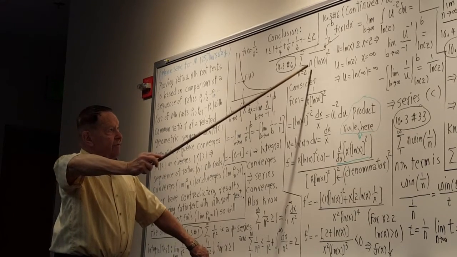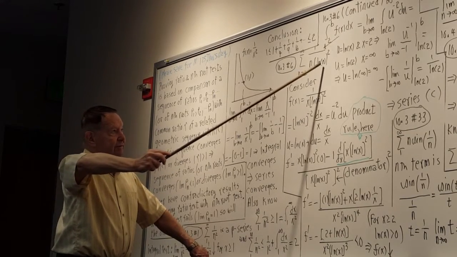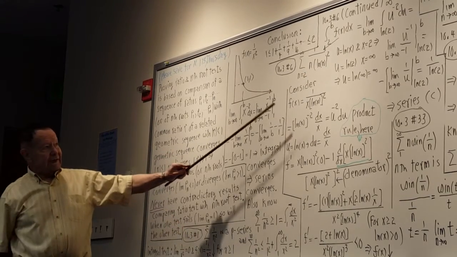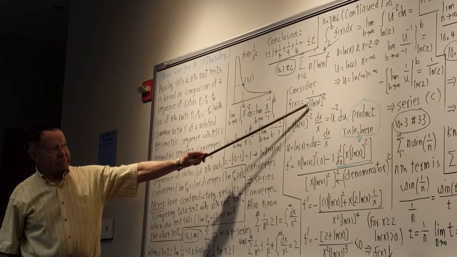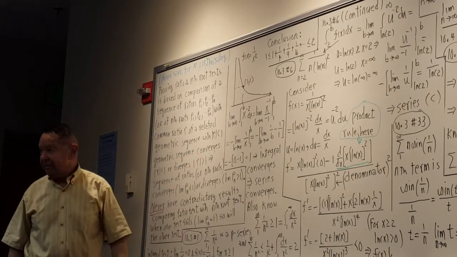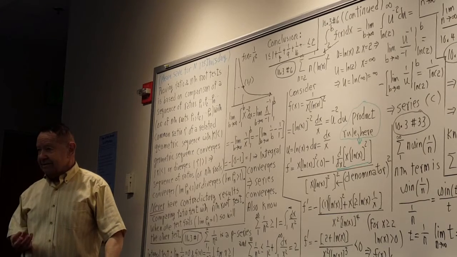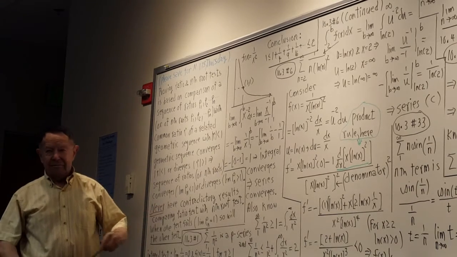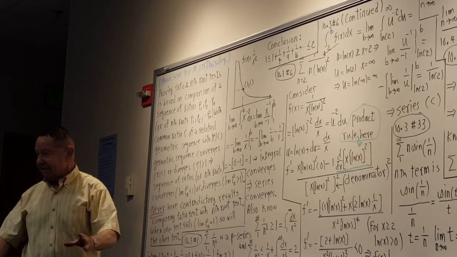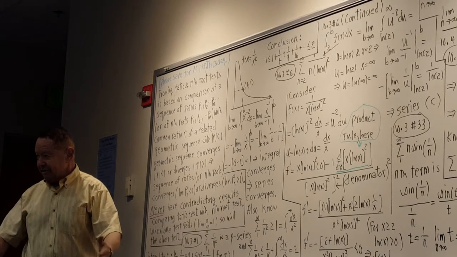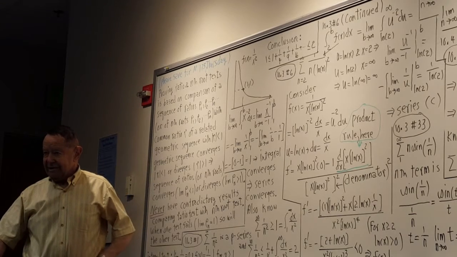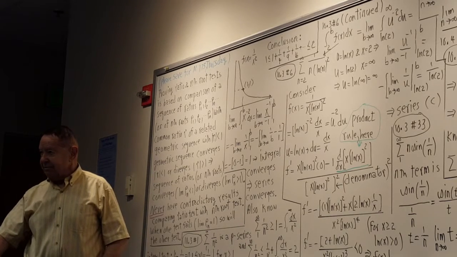So if you think of the related function of a continuous variable, that would be f of x equals 1 over x log x quantity squared. Remember again, a continuous variable means that it takes all values, the values of all real numbers in any interval you want to talk about, whereas the n is just 1, 2, 3.